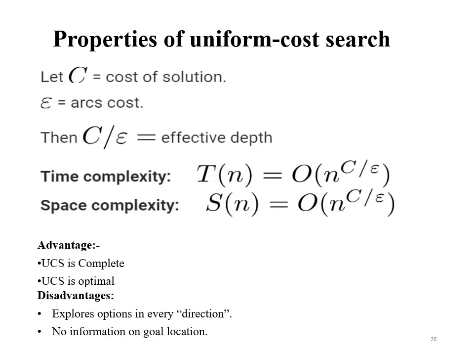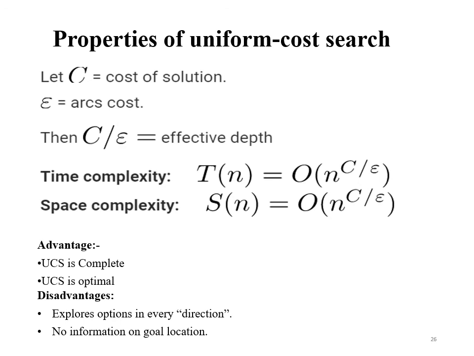The properties of uniform cost search: let C be the cost of the solution and epsilon the arc cost. Then C upon epsilon is the effective depth. Time complexity will be order of b to the power C upon epsilon, and space complexity is also order of b to the power C upon epsilon.